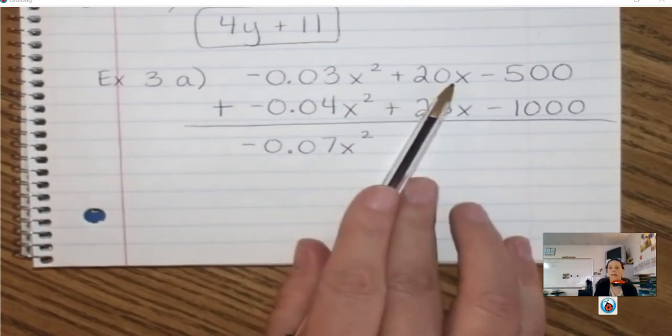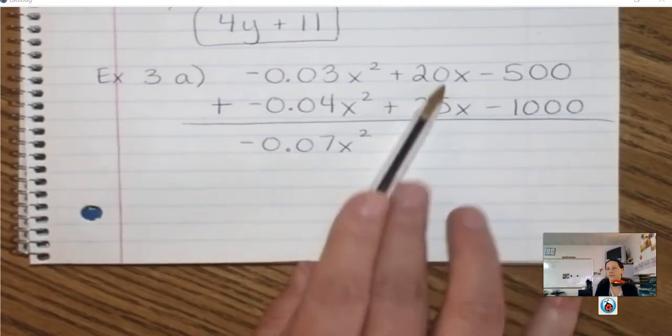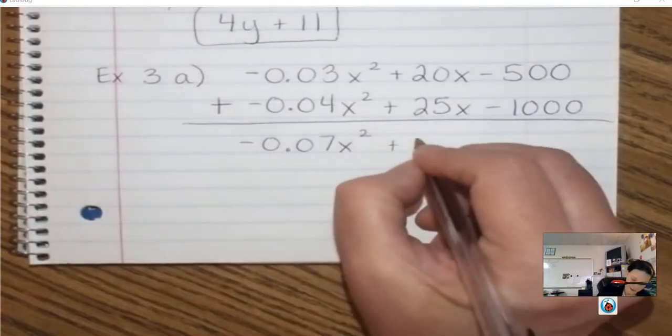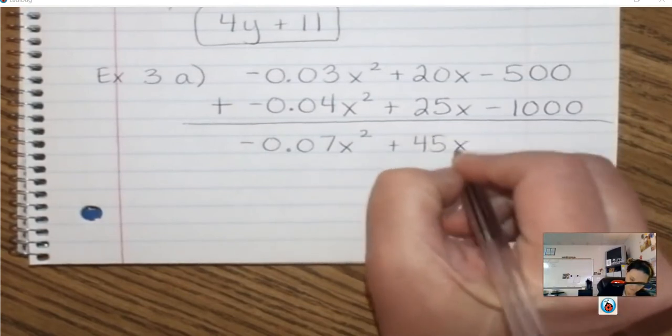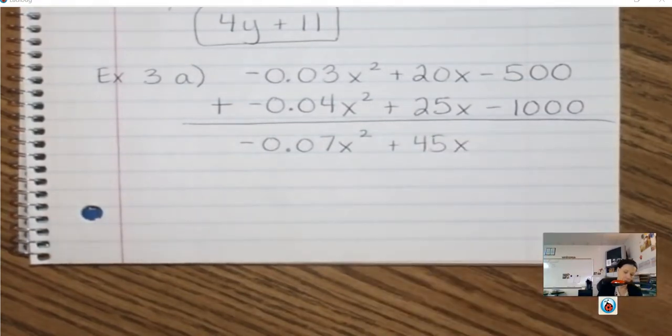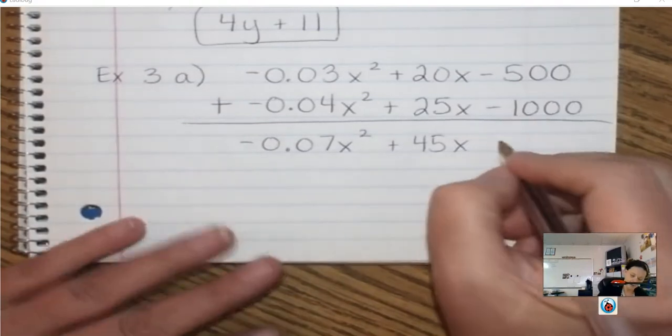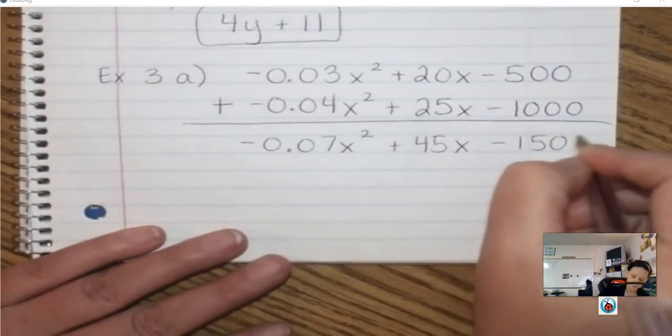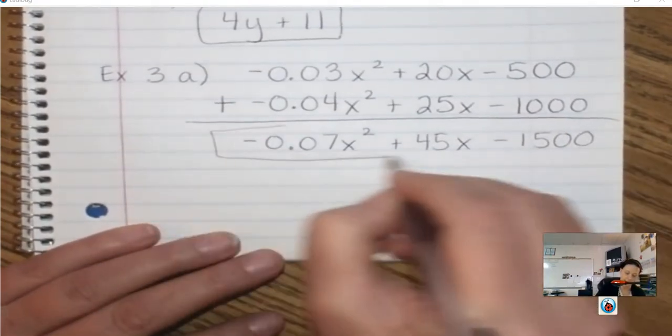I had 20 x's and then I had 25 x's. So altogether I have 45 x's. And then negative 500 minus 1,000 is negative 1,500. So that would be the answer.